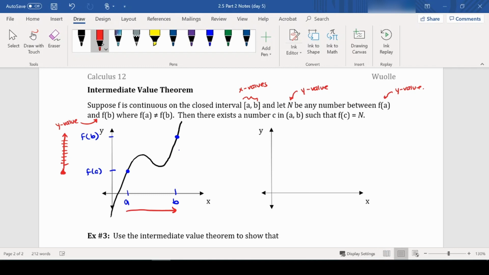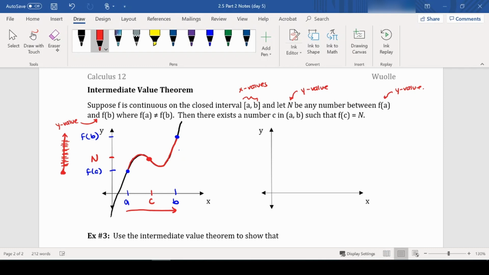So if I start at a and I work my way along my curve up to b, I have to at some point hit each one of these y values along the way because there's no way I can all of a sudden just jump to that final y value, f of b. That's what this theorem is saying. As I go along this interval, there has to be some number c in the middle such that this value here is reached.